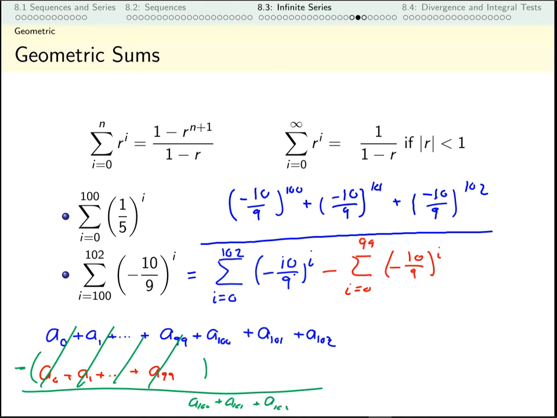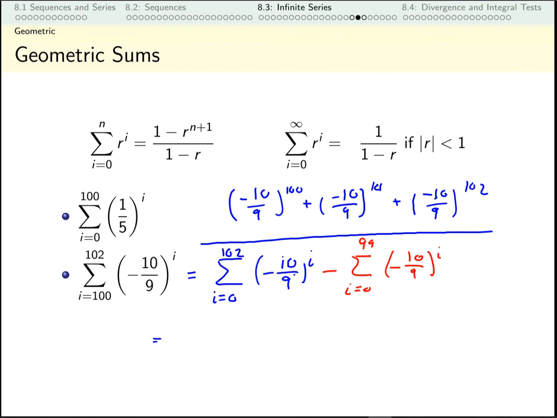So that's why I'm allowed to write this sum as the difference of these two sums, and the reason I might want to do that is that both of these can now be evaluated using our formula. The blue one is 1 minus my ratio, negative 10 ninths, to the power n plus 1, so that's 103, divided by 1 minus my ratio, negative 10 ninths.